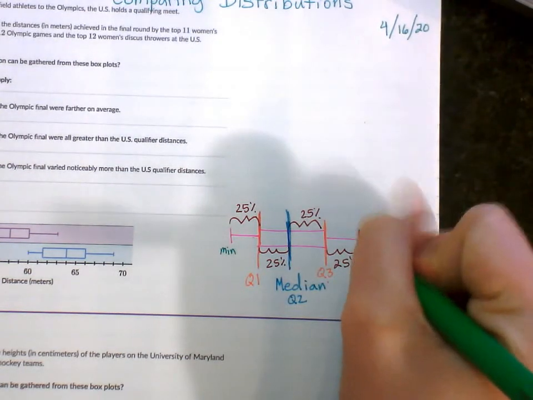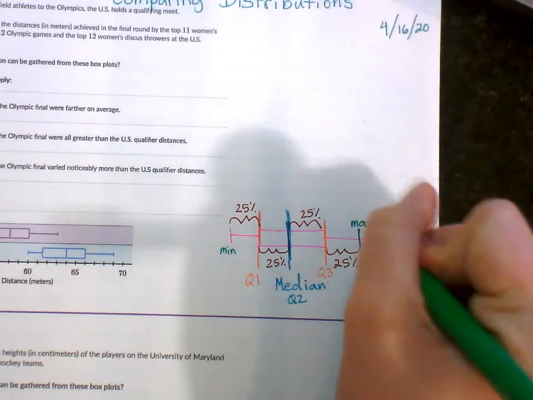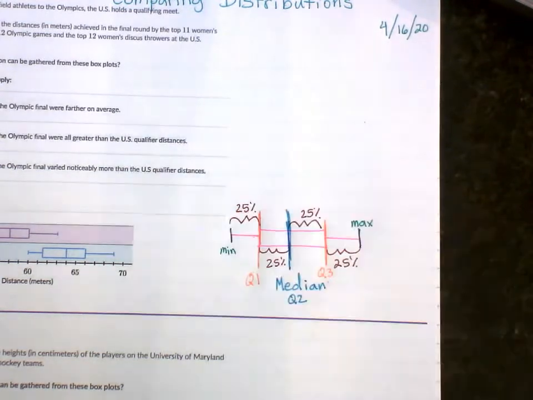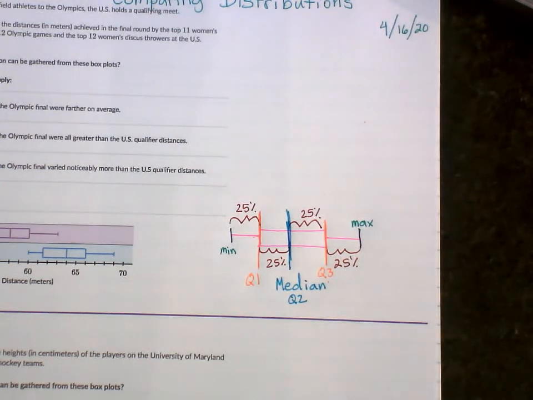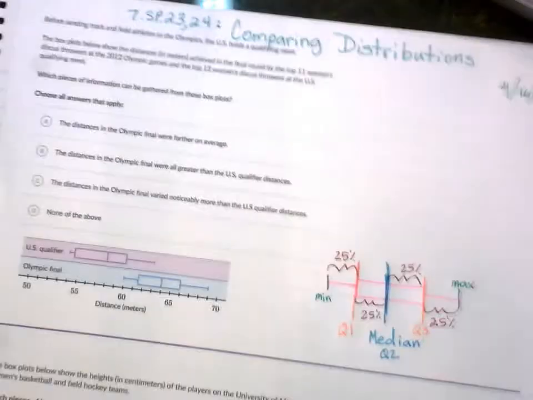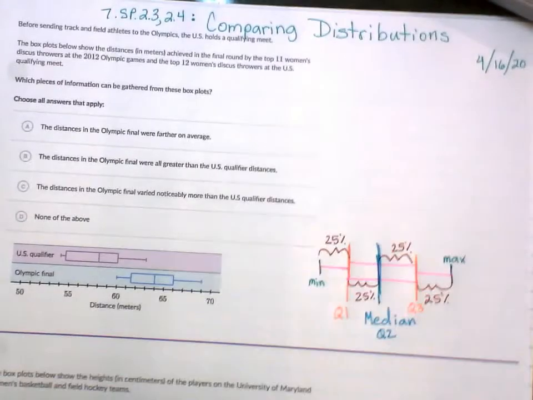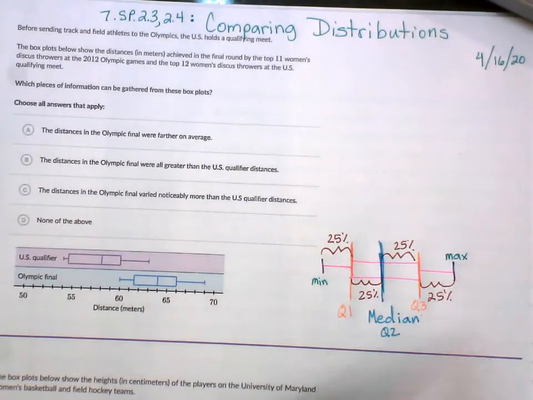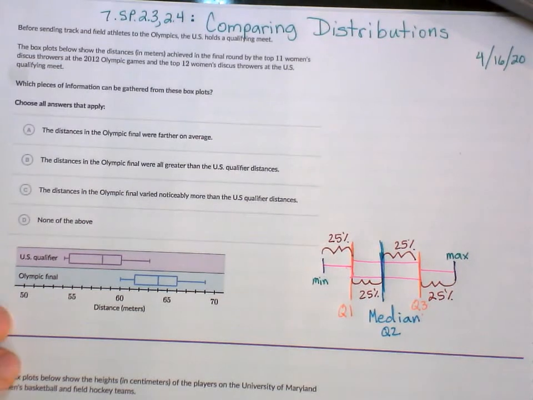And here is the maximum. That's a review, but you did reading box plots last week, and you also did box plots in 6th grade. I'm sure you're aware of this; you just need to be reminded of it.